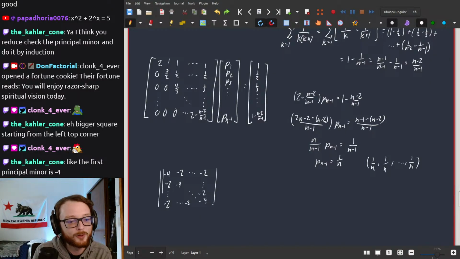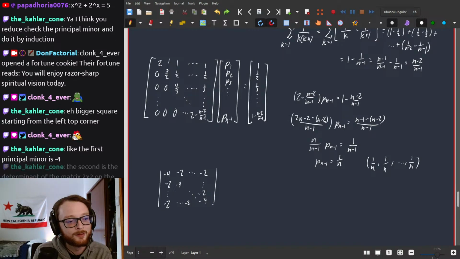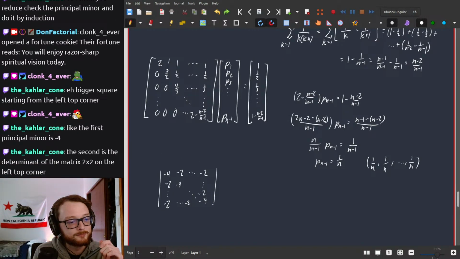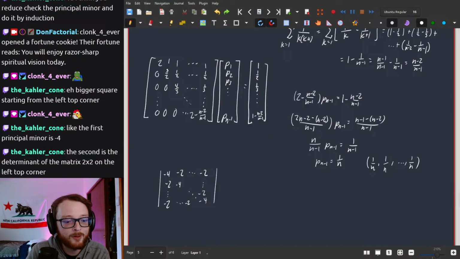And so maybe you would want to start with a 3x3 or something, just to make sure you're not trivial. I guess it's probably worth checking this in Wolfram Alpha, what these determinants are.